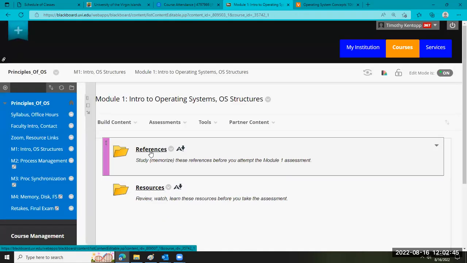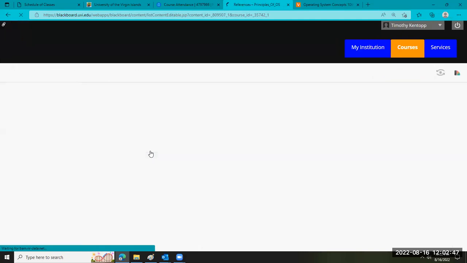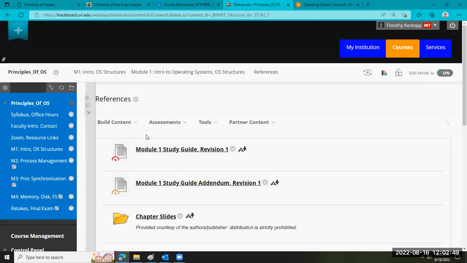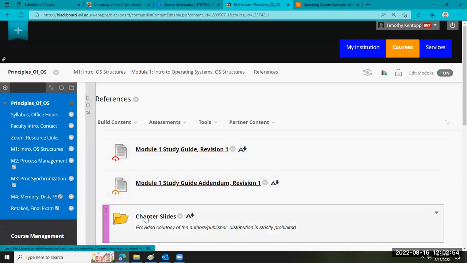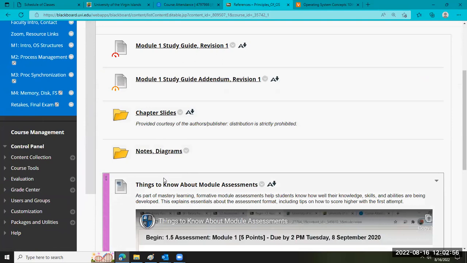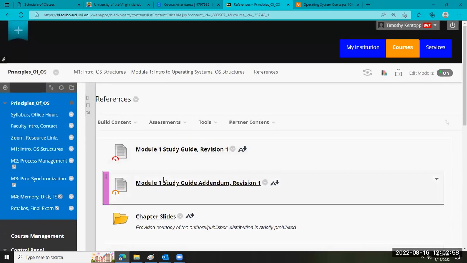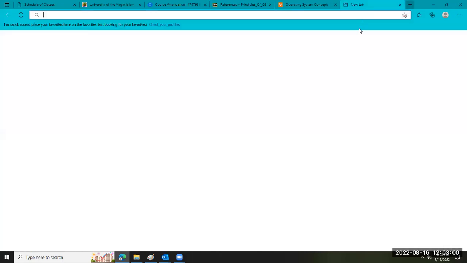To get into the references and such. Yep, and there's the module study guide, and we'll have an addendum and so on. Three Easy Pieces.